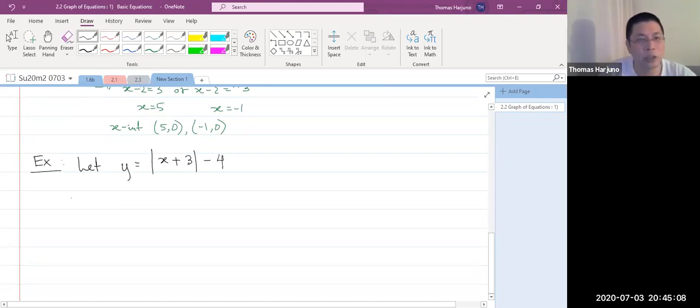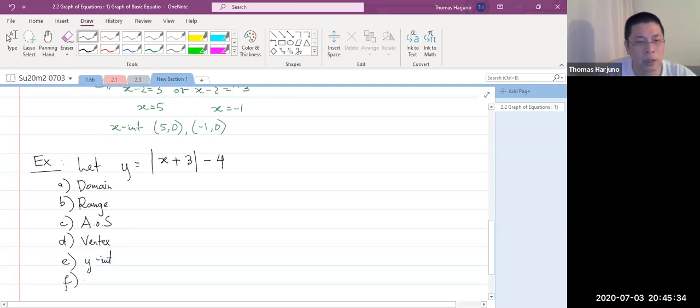And the question is, first, find the domain. Second, find the range. Third, the axis of symmetry. And then the vertex. Then the y-intercept. The x-intercept.